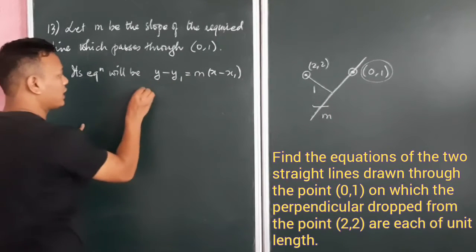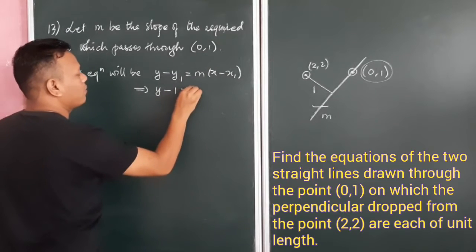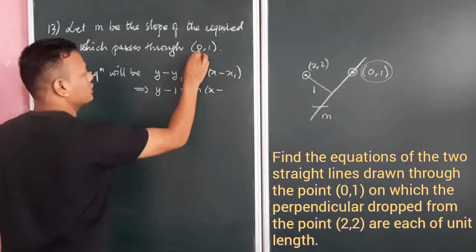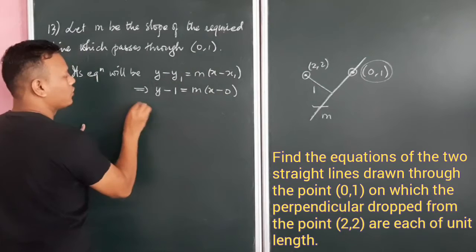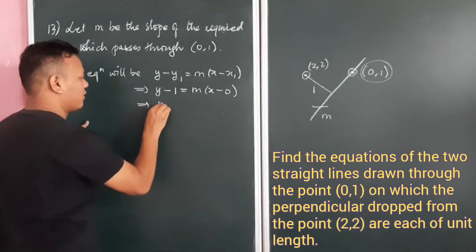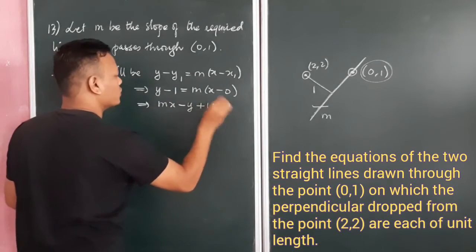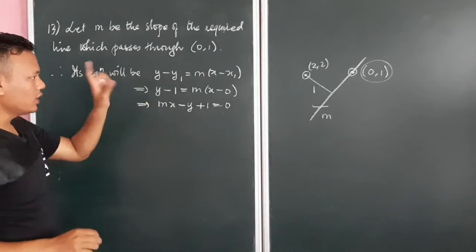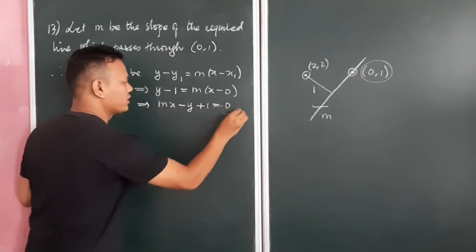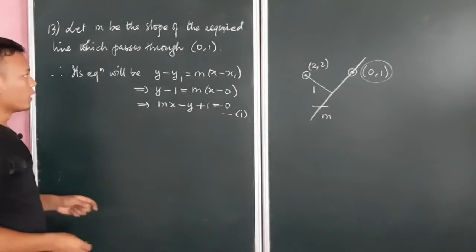Let's put the values: y minus y1, y1 is 1, equals m into x minus x1, x1 is 0. From here, if you make it into a general form, you will arrive at mx minus y plus 1 equals 0. This is the equation of this line, and let me call it equation number 1.